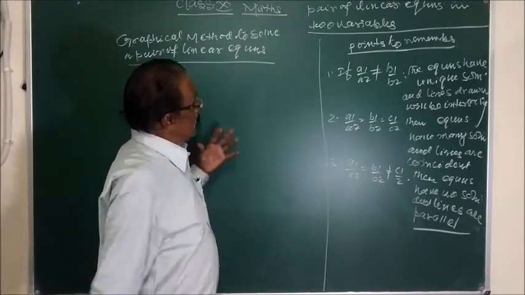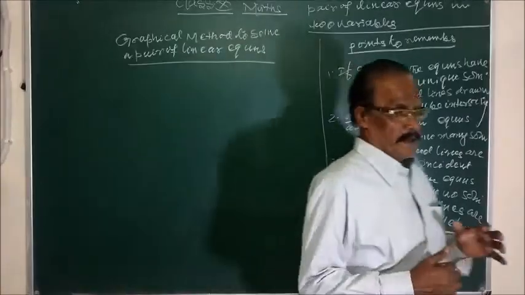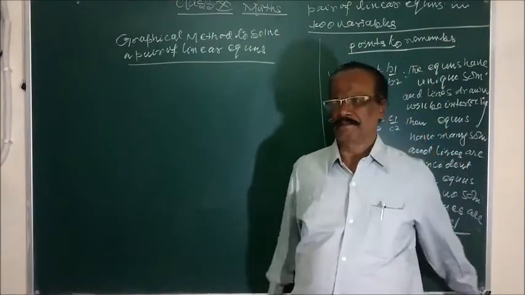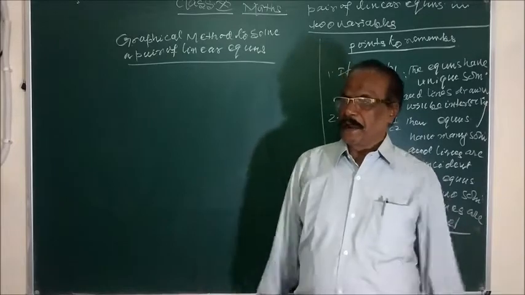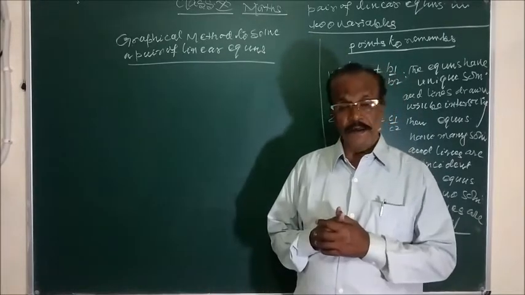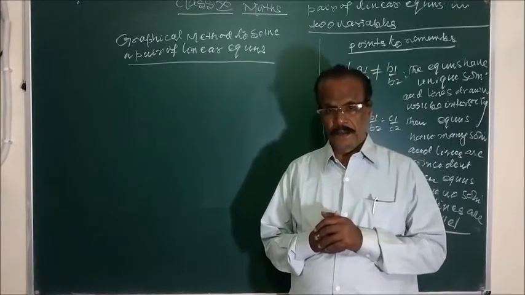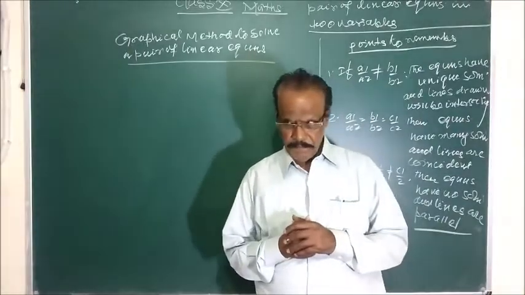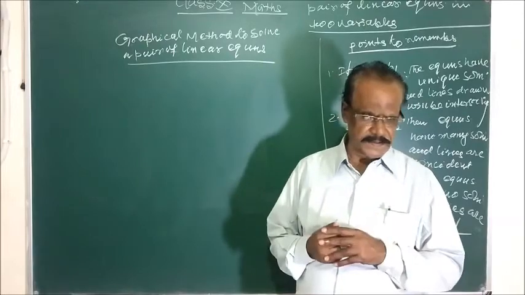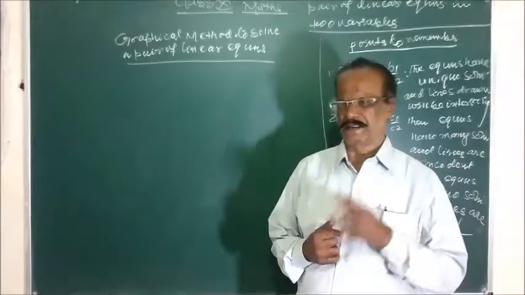In algebra, today you will learn the methods to solve a pair of linear equations. Yesterday I explained the general form of a linear pair of equations, and I also explained, going through the conditions or situations in the question, how you will create the equation.